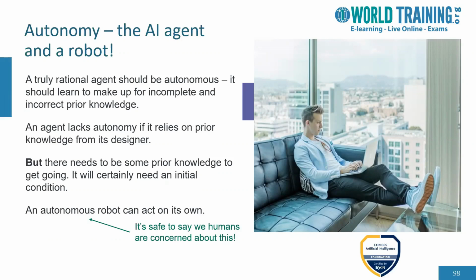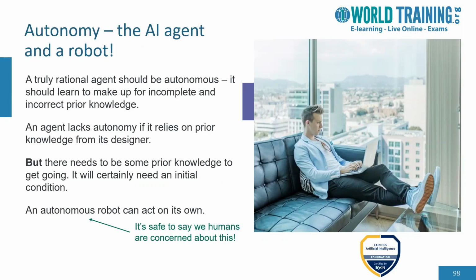All the scenarios, all the environment around the agent might not be 100% complete. So your truly rational agent should be able to perform some of those tasks based on the incompleteness or incorrect information which is around the robotic agent or environment.